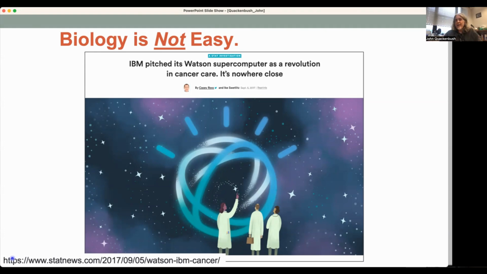And one example of that is IBM Watson, which, although it succeeded at many other tasks and won on Jeopardy, it really wasn't able to ingest all of the complex, sometimes contradictory biomedical literature and to be able to match individual patients with their genetic background to individual diseases.